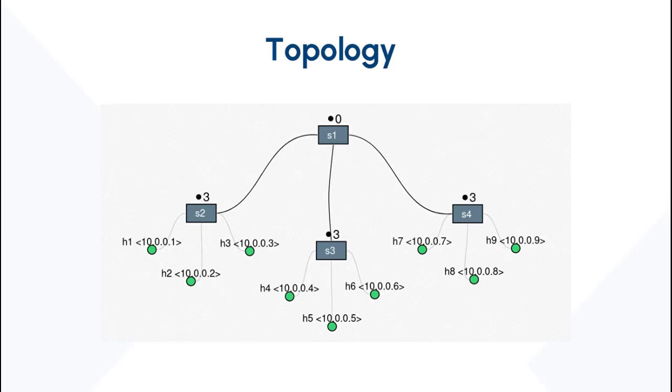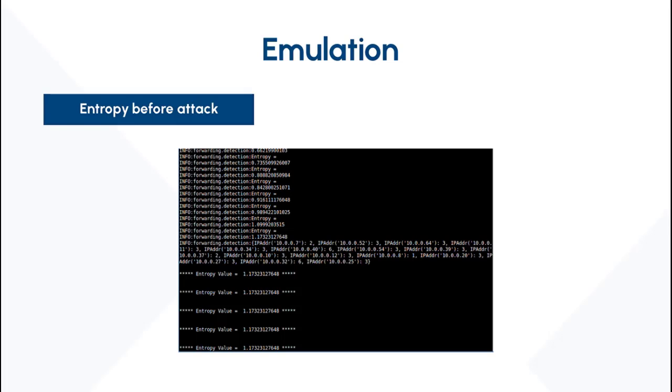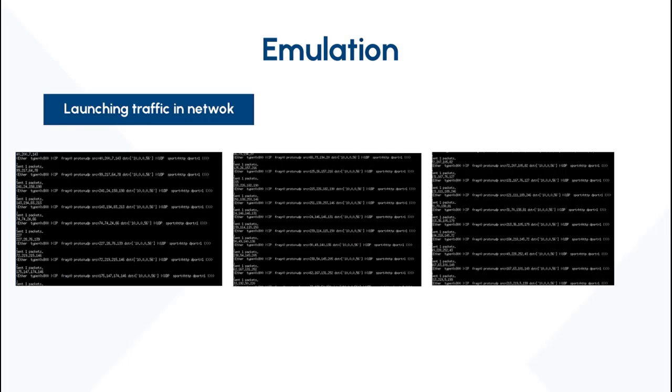For analysis, a tree topology network of 4 switches and 9 nodes directly connected to the switches was set up using Mininet. Now the POX controller generates a collection of entropy values. The typical threshold entropy is the lowest value obtained. Then traffic is launched by running the set of commands in H1's xterm window to initiate the attack.